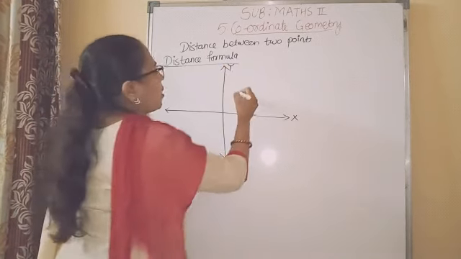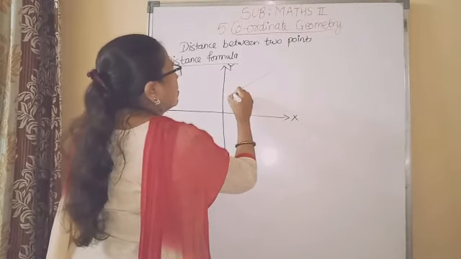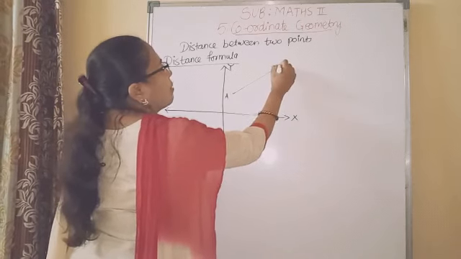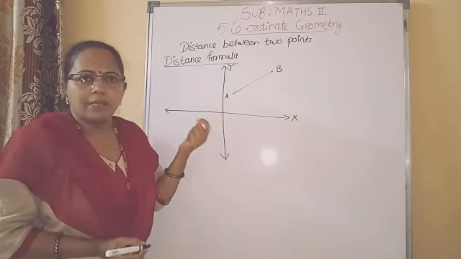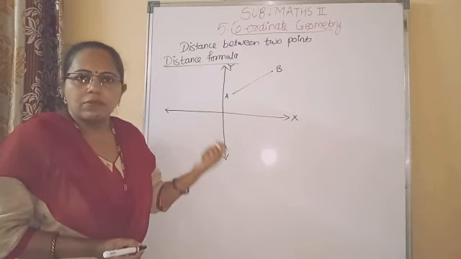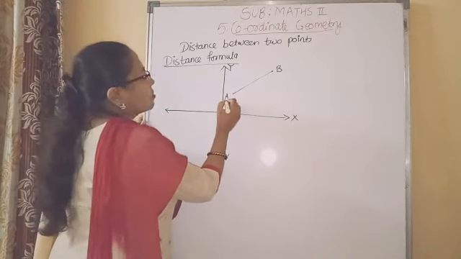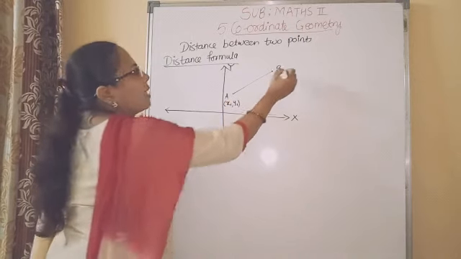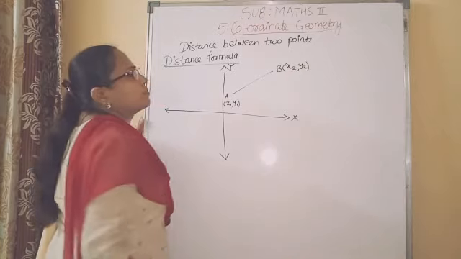Now suppose the points lie in the first quadrant, point A and point B. We know the coordinates of a point using the pair of x coordinate and y coordinate. Let the coordinates of point A be x1, y1 and the coordinates of point B be x2, y2.